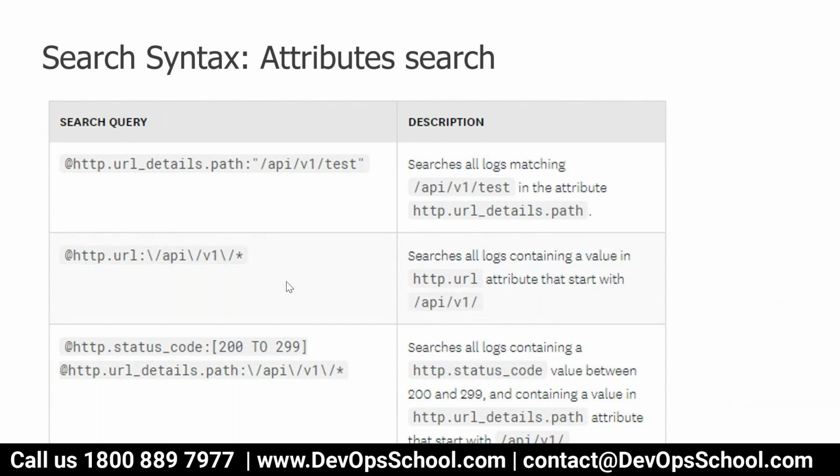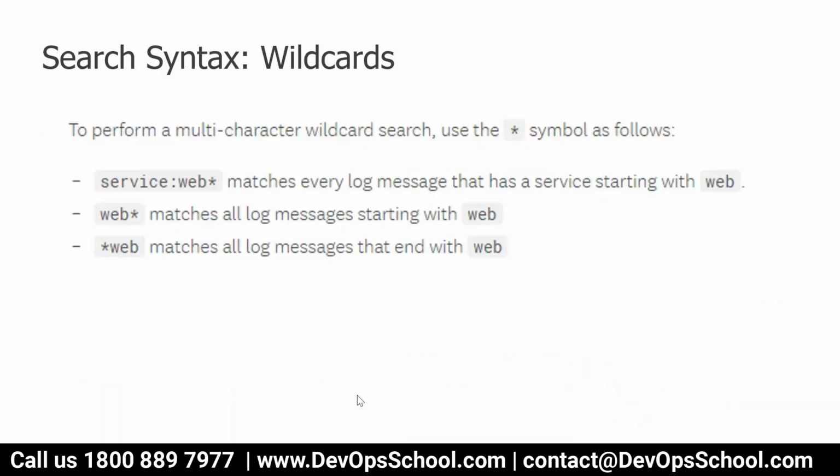Now if you look at this, here you are saying, hey, give me the logs where the status code should be anything between 200 and 299. So here we call it range search. This is a regular expression, and here we call it range search. Again here, regular expression star, everything you can get done. Now here you see, very simple to understand.